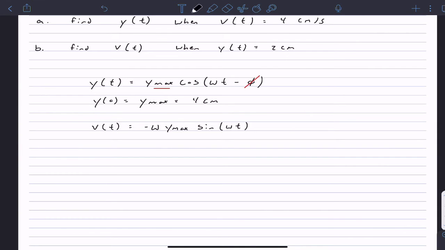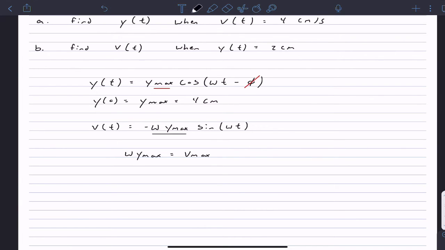What we can consider is this is actually our maximum velocity. If this is the maximum position, then this term here is going to be v max. We're also told this in some examples in the book, which I recommend looking at.